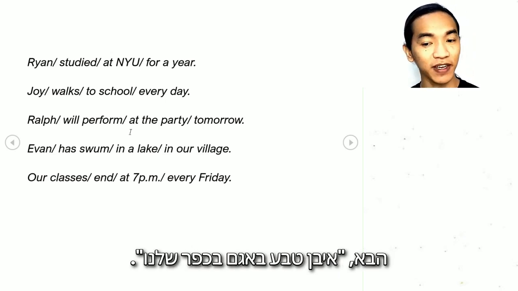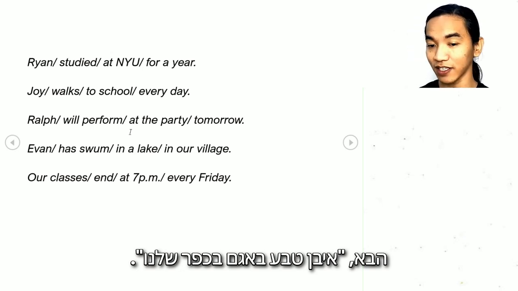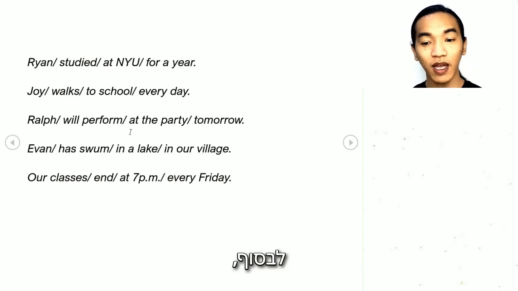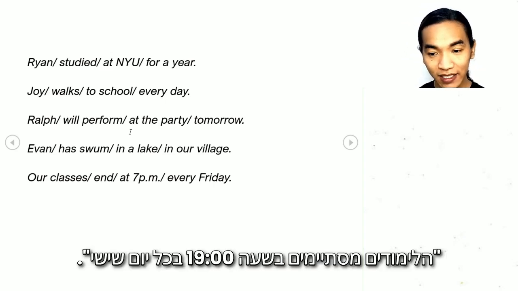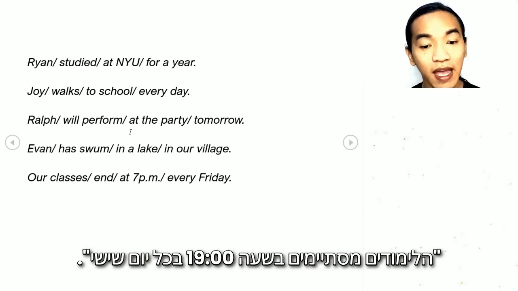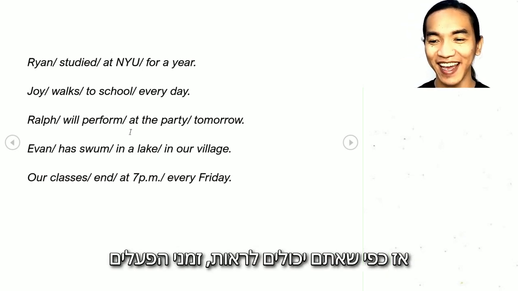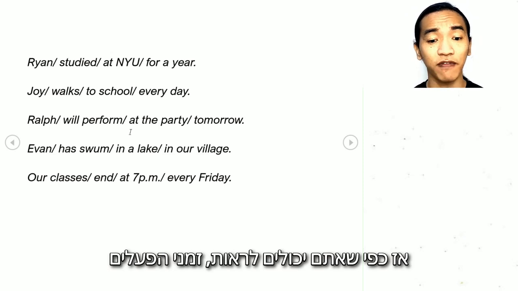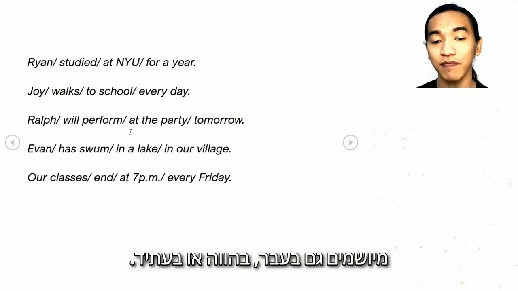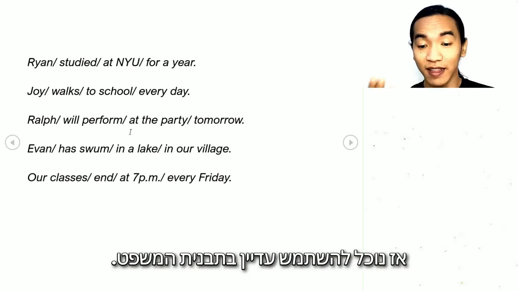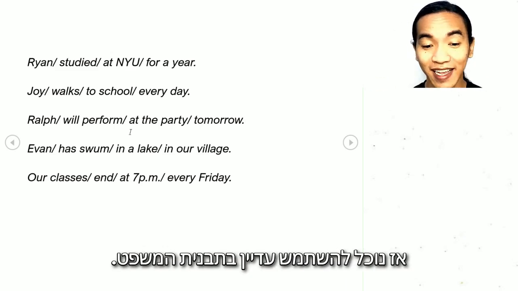Next, Ivan has swum in a lake in our village. Lastly, our classes end at 7 p.m. every Friday. Okay? So as you can see, the tenses of verbs are also being applied, be it past, present, or future. Then we can still use the sentence pattern.